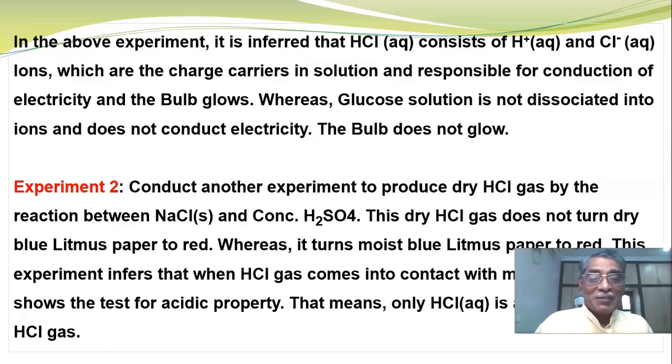This experiment infers that when HCl gas comes into contact with moisture, that is water, it gives the test for acidic property. That means only HCl(aq) is an acid but not HCl gas.